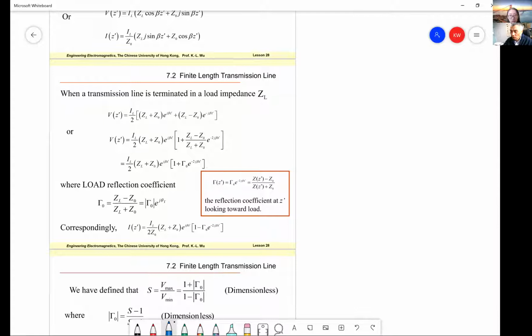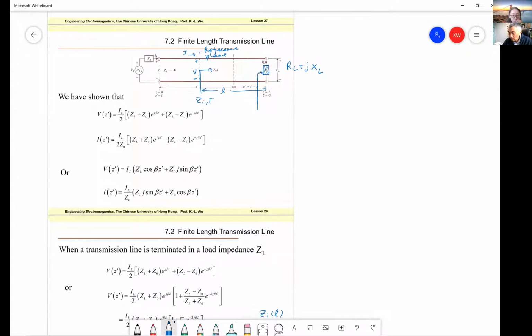Also, this is basically the impedance at the location L. If you know the characteristic impedance, then you can find the reflection coefficient at any place down the transmission line, at any reference point. For this general formula, there is a very clear picture: gamma 0 is the reflection coefficient looking at the load.